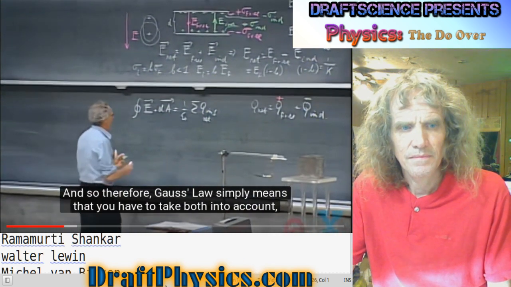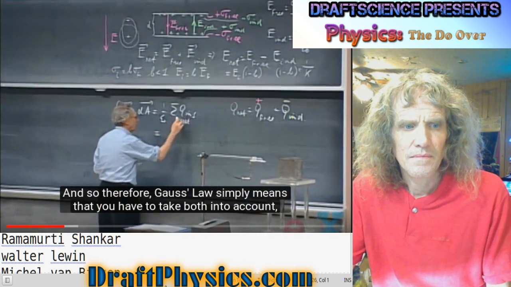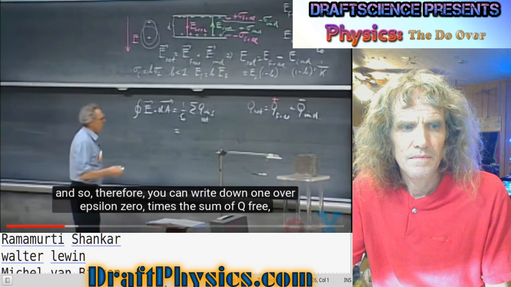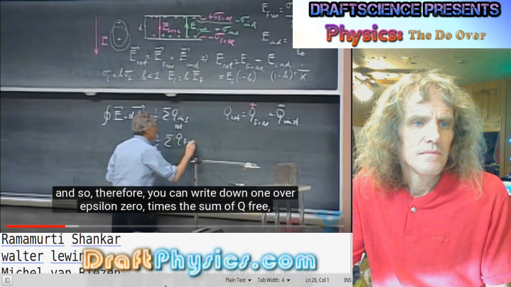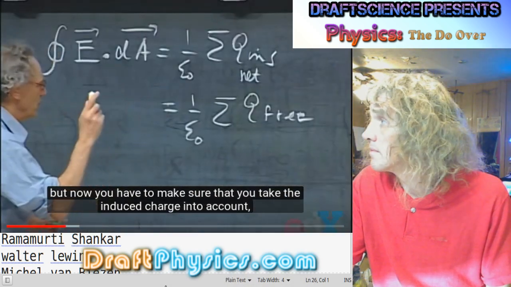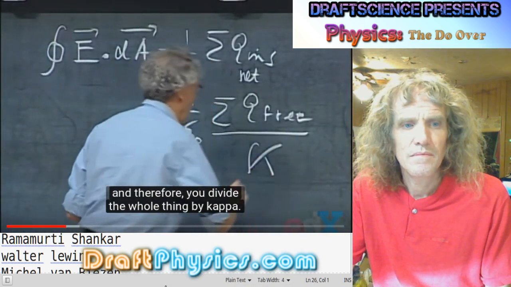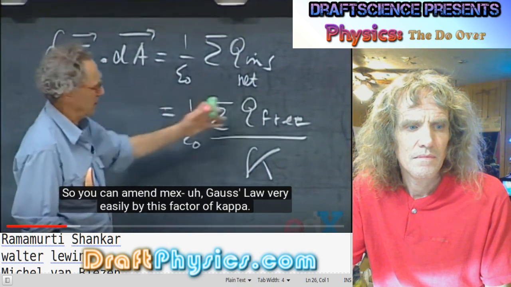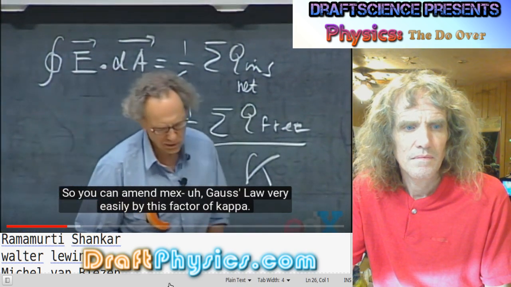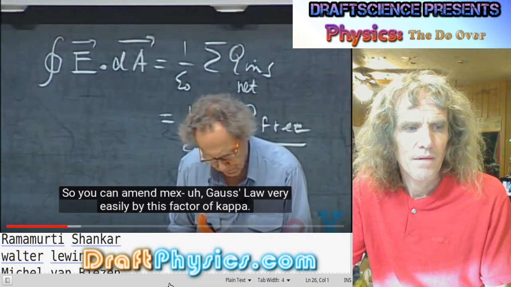And so therefore, Gauss' law simply means that you have to take both into account. And so therefore, you can write down 1 over epsilon 0 times the sum of Q free. But now you have to make sure that you take the induced charge into account, and therefore you divide the whole thing by kappa. Then you have automatically taken the induced charge into account. So you can amend Gauss' law very easily by this factor of kappa.